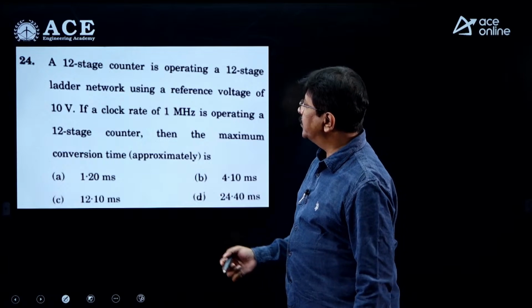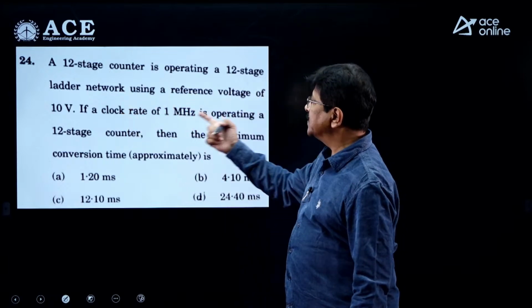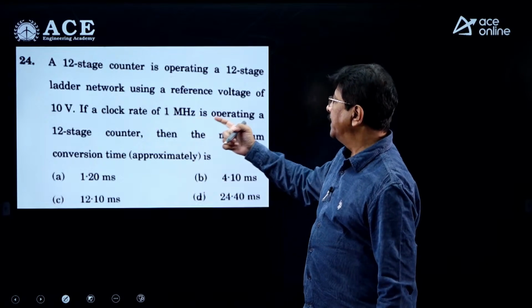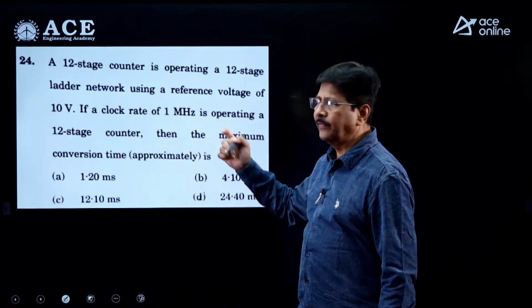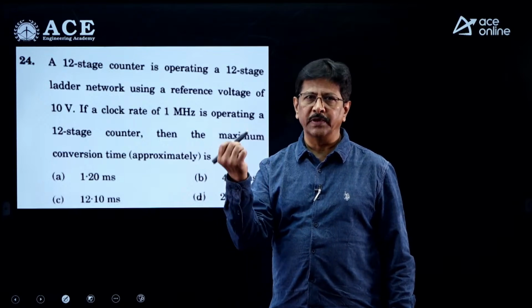Next, a 12-stage counter is operating a 12-stage ladder network using a reference voltage of 10 volts and the counter details have been given. If you observe carefully, this is nothing but a counter type A to D converter.